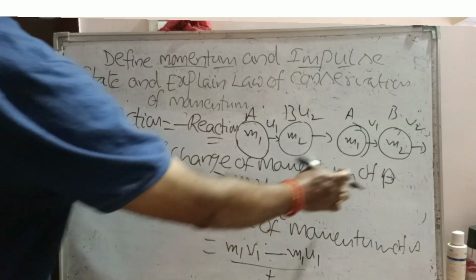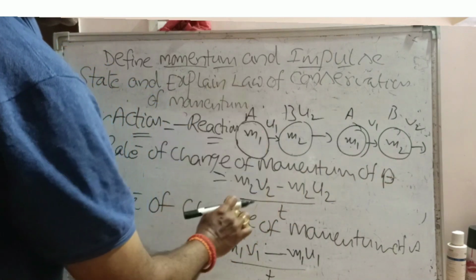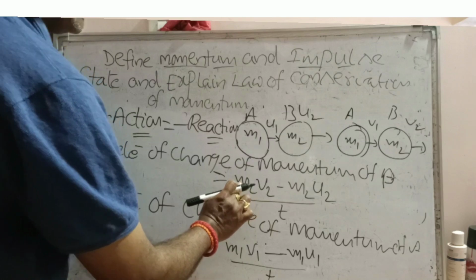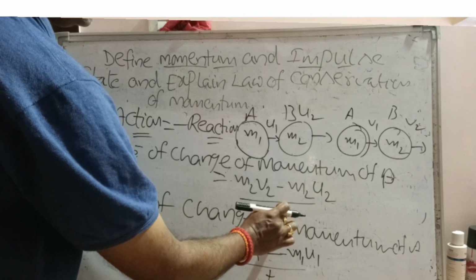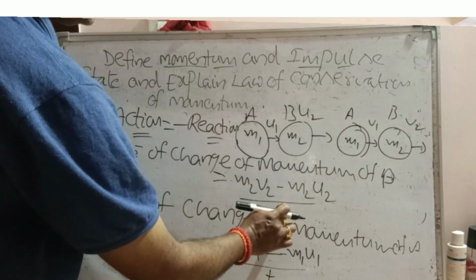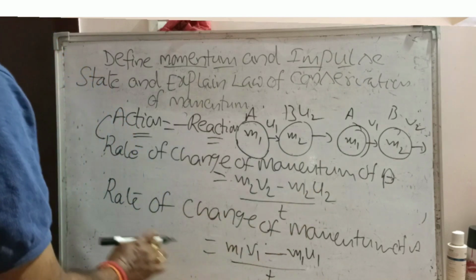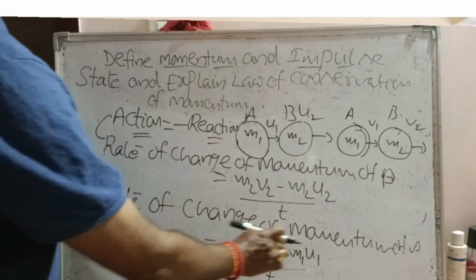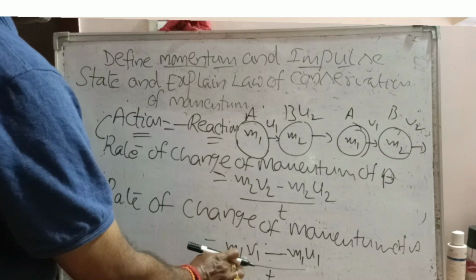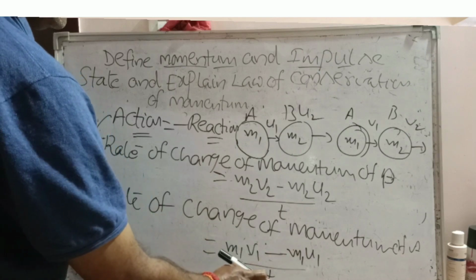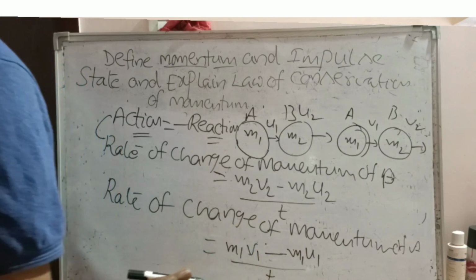Rate of change of momentum of B is considered to be action. m2 v2 minus m2 u2 is the change in momentum. Therefore, rate of change of momentum is (m2 v2 minus m2 u2)/t. Similarly, the rate of change of momentum of A can be considered to be the reaction, (m1 v1 minus m1 u1)/t.